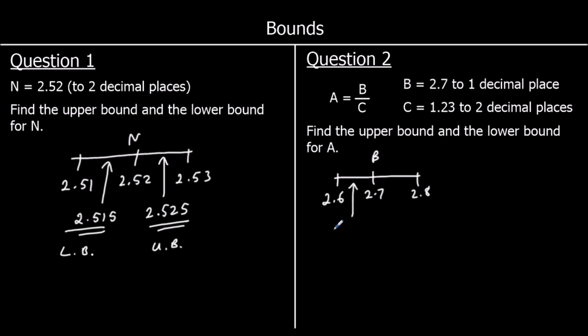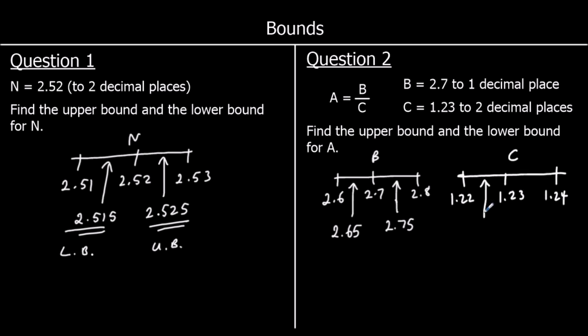So it's got a lower bound of 2.65 and an upper bound of 2.75. And C is 1.23. So the one up is 1.24. The one down is 1.22. So it's got a lower bound of 1.225 and an upper bound of 1.235.